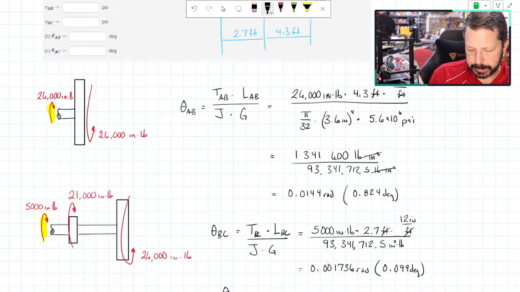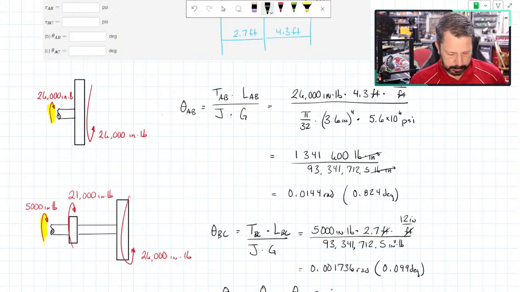So the total theta A to C would equal theta A to B plus angle of twist from B to C equals, let's see, I don't know if it wants it in radians or degrees. It wants degrees.